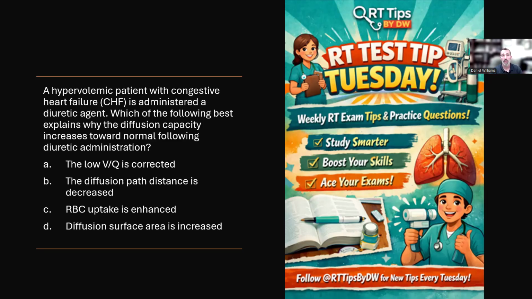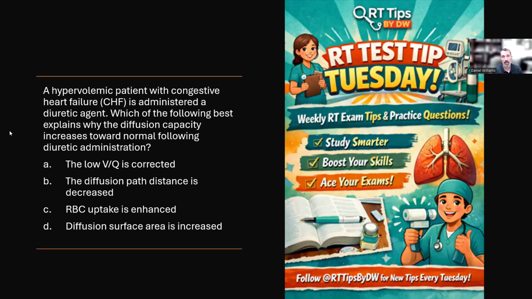We already mentioned that we would hopefully experience an improvement in ventilation and perfusion matching. So you've got answer choice A there as a potential answer choice, but I'm not going to bite on that just yet because I want to look at the rest of my answer choices.